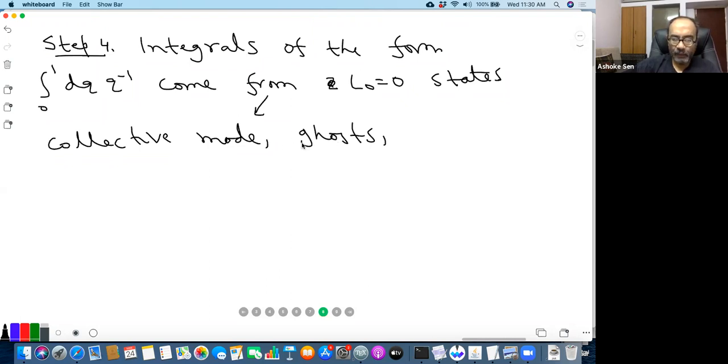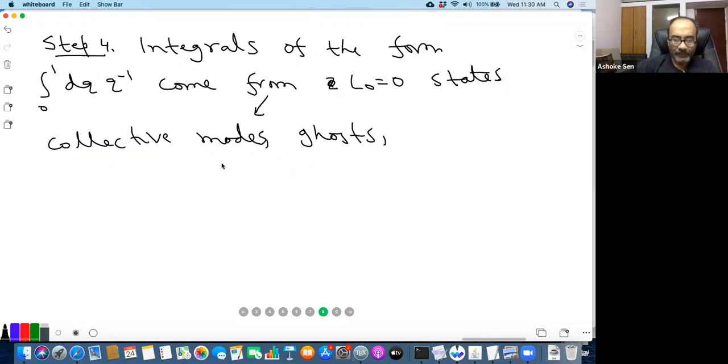So the general rule, as we have seen, is that if there are ghosts of L0 equal to 0, then you know that those are actually not there because you shouldn't use a gauge fixed version. So you remove the ghost contribution, and the price you pay is that you have to include an expression as psi 1, which you have to write separately. For the collective modes, of course, they are physical.